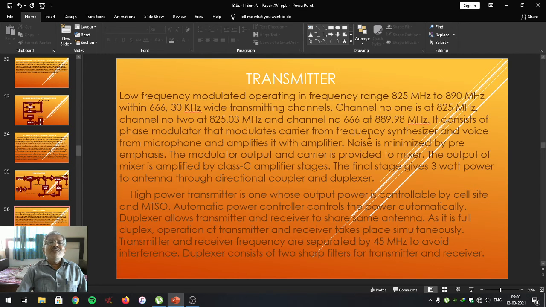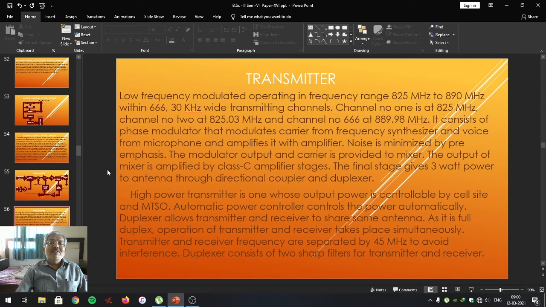It consists of a phase modulator, which you already studied, that modulates the carrier from the frequency synthesizer with the voice signal from the microphone and amplifier, amplifying it with an amplifier. Noise is minimized by pre-emphasis. This noise is reduced. The modulator output and carrier are provided to the mixer.